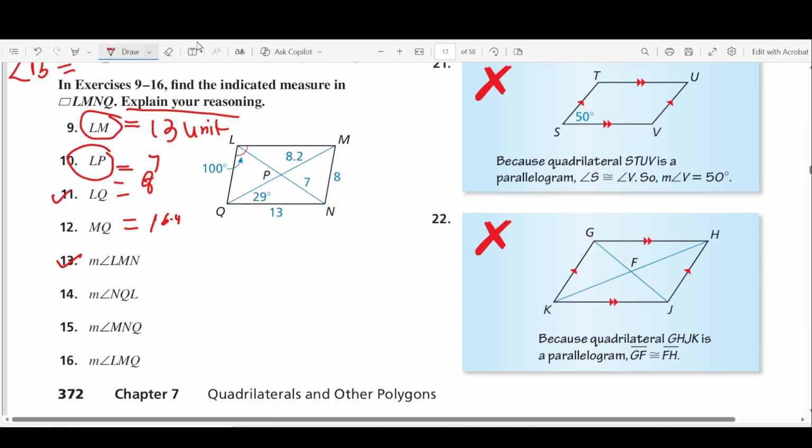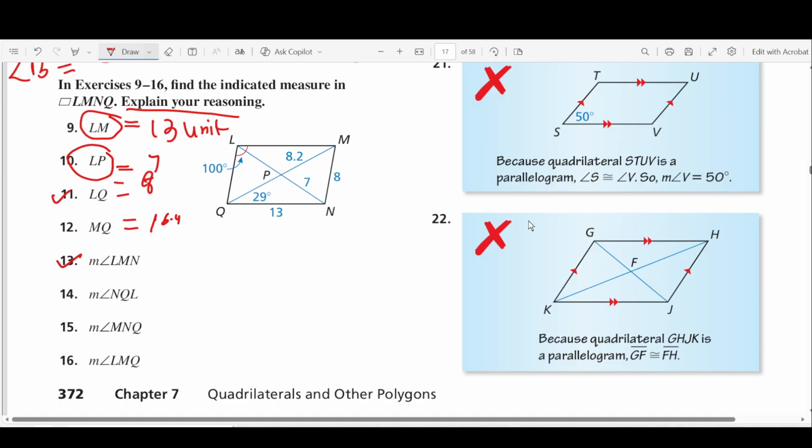Tell me, is this an angle? Okay, find it. 80, I think.